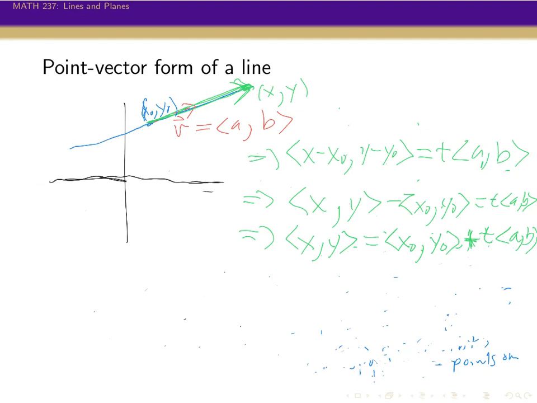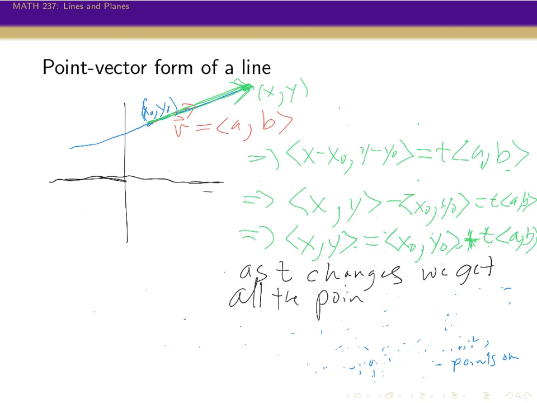Okay, so as t changes, we get all the points x, y on the line. And so that's just going to give us another vector function.